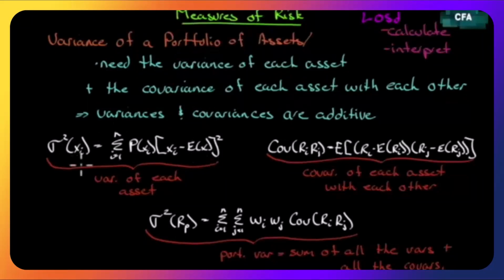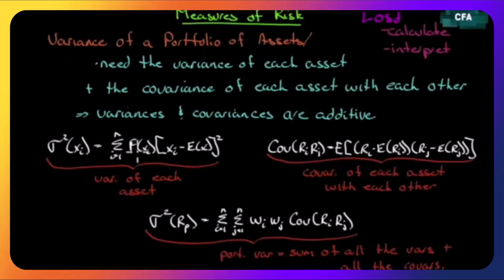So this is how we arrive at the variance of each asset. What do we have in here? We have squared deviations from the expected value. We get the expected value through the use of probability, so we simply weight each deviation by its probability of occurrence.